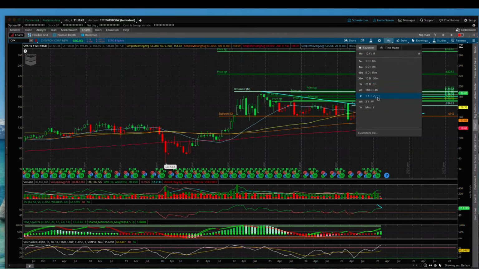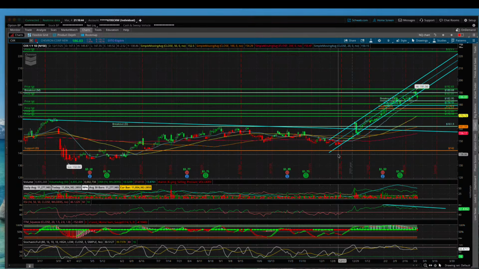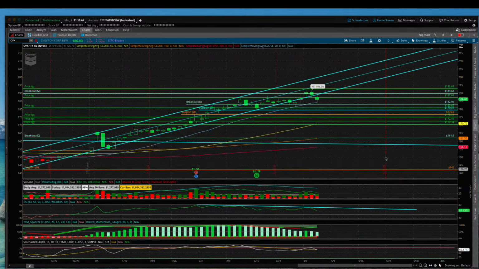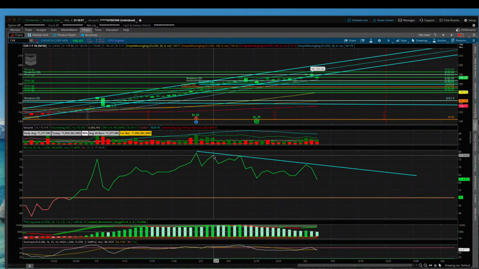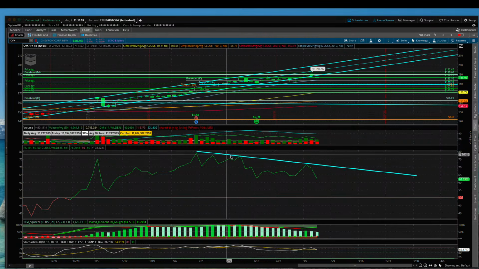And see, here's the problem with oil and oil companies, just like what we're seeing right now. We've had this bearish divergence since January 30th. It started, and then we're coming down, but we're still steadily rising up.